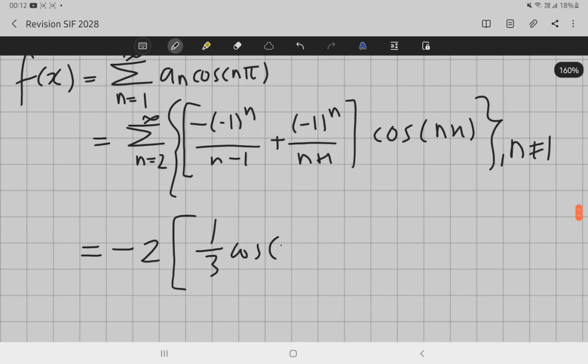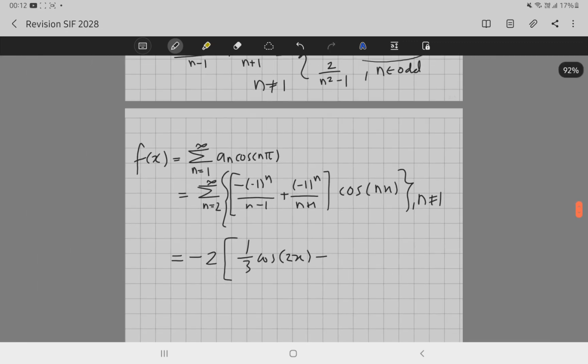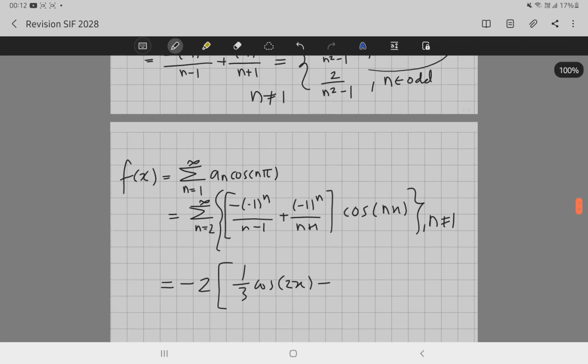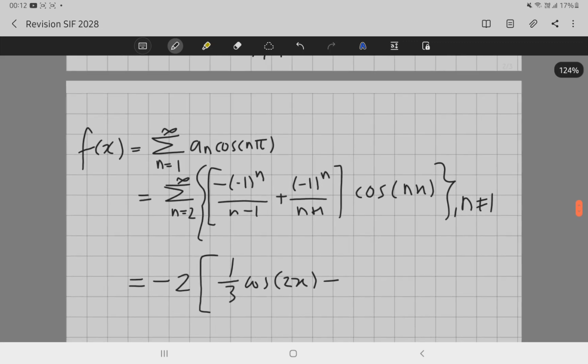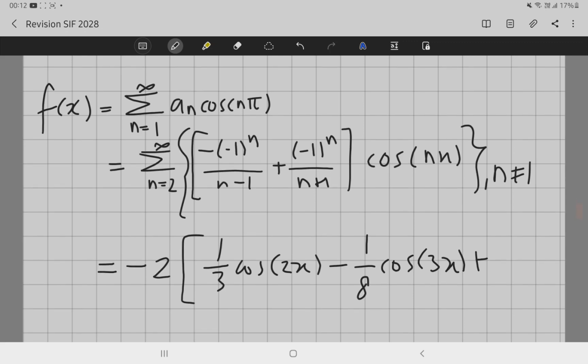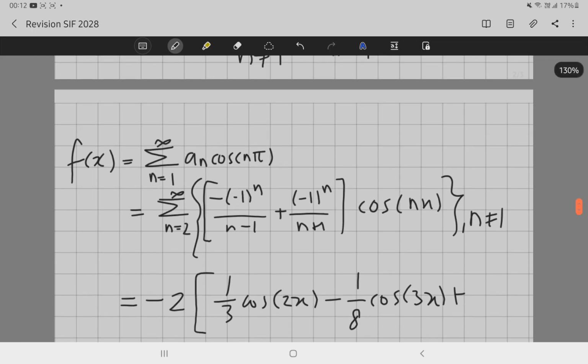Cosine 2x minus, n equals 3, which is odd, so 1 by 3 square is 9 minus 1 is 8, 1 by 8 cosine 3x plus, so this is alternating plus and minus sign.